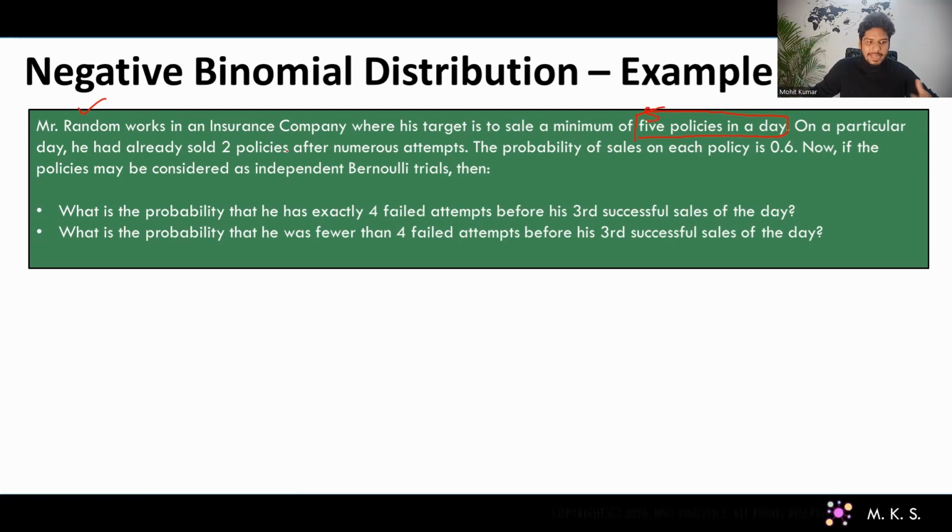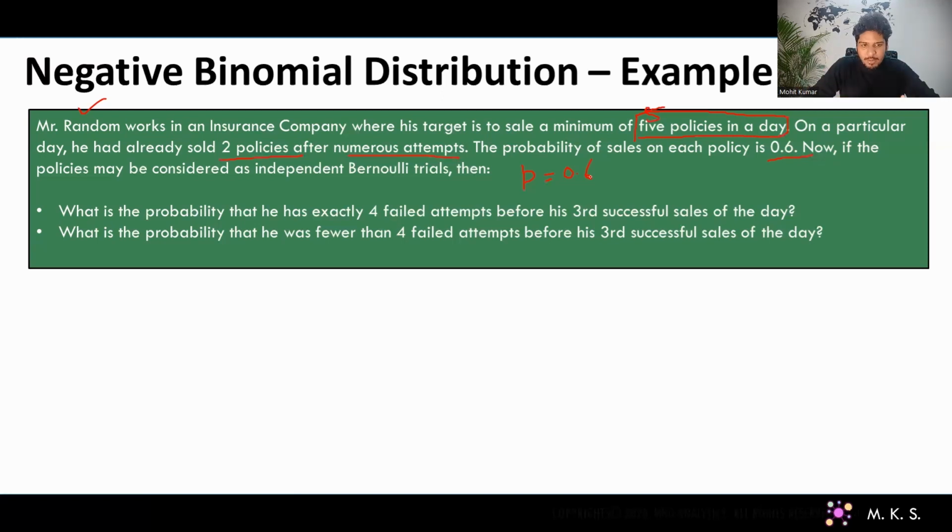On a particular day, he had already sold 2 policies after numerous attempts. Now, the probability of sale on each policy is 0.6. So the probability of success is already mentioned, that is 0.6. The policies may be considered independent Bernoulli trials, right?